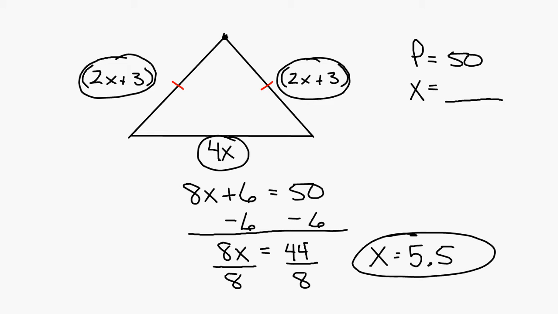So does everybody understand that setup? If they tell you what the perimeter is, then you take the three expressions for the sides, combine them, set it equal to the perimeter that they give you, and then solve for x.